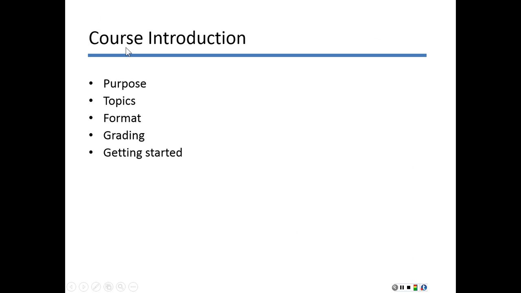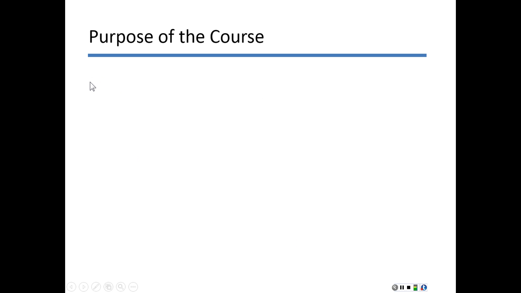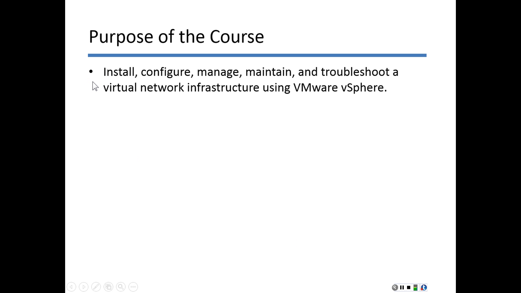In this course introduction, we will discuss the purpose of the course, the topics that we will be covering, the format of the class, grading, and what you need to do to get started. Let's start out with the purpose of the course. The purpose of the course is to enable you to install, configure, manage, maintain, and troubleshoot a virtual network infrastructure using VMware vSphere.